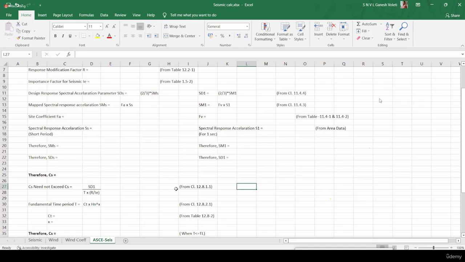Whether it will be IS 800 or AISC 360, anything may be, both codes will not compromise on stability. Fine. Okay.